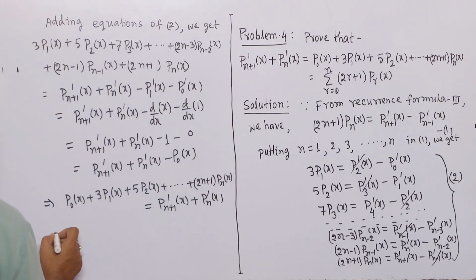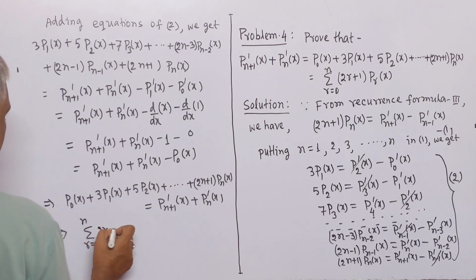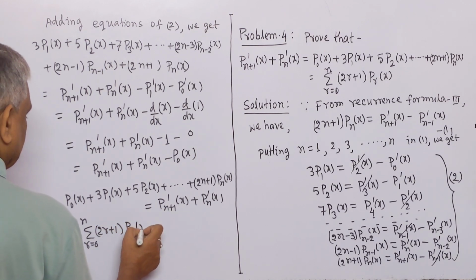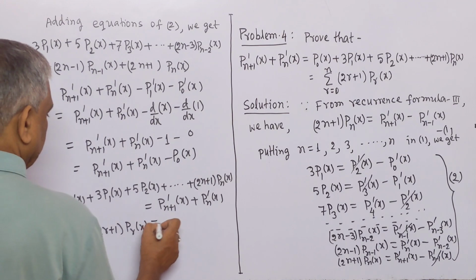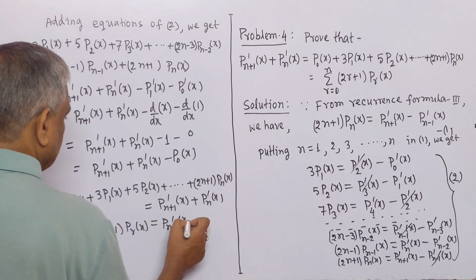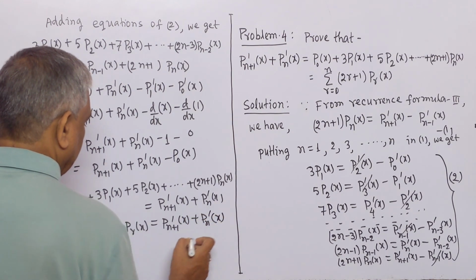We may write this in short: the sum from r = 0 to n of (2r+1) P_r(x) equals P_{n+1}'(x) + P_n'(x), and proved.